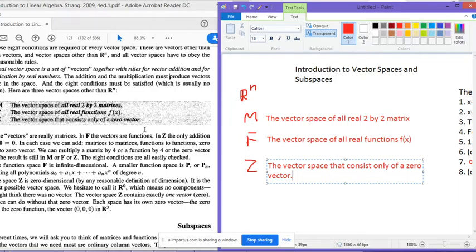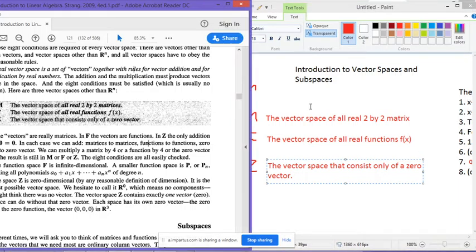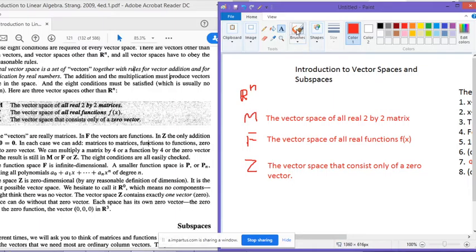So apart from R^n, we have these other three kinds of vector spaces. M is the vector space of all real 2 by 2 matrices. F is a function space, so it is the vector space of all real functions, which are represented as f of x.